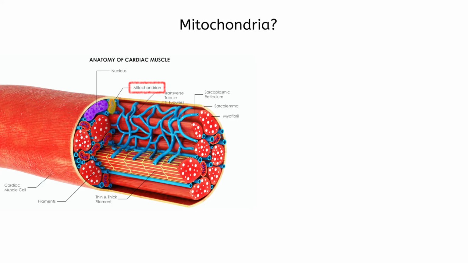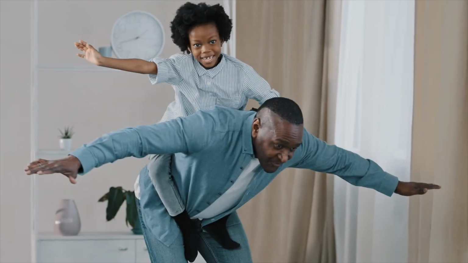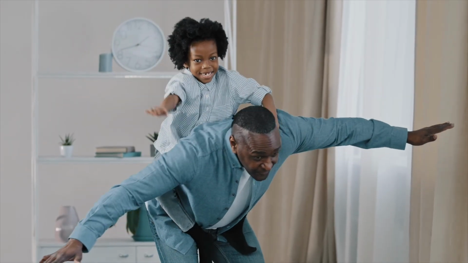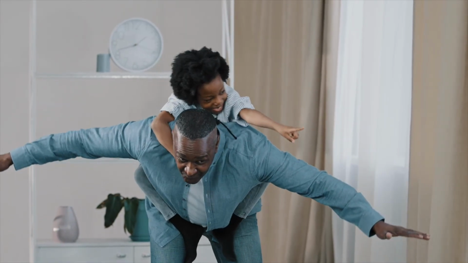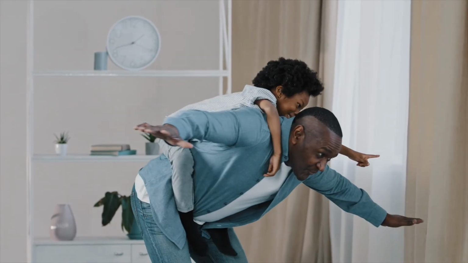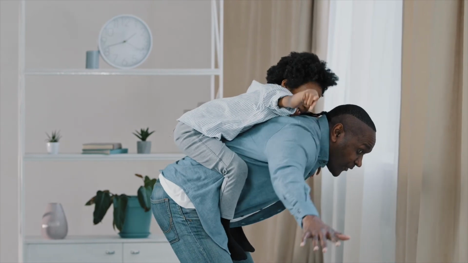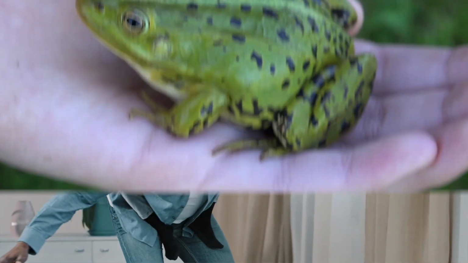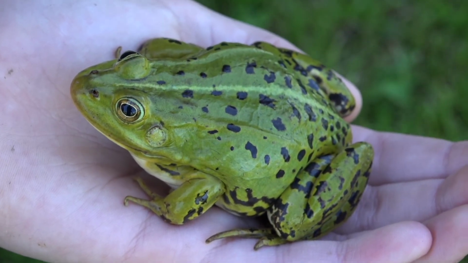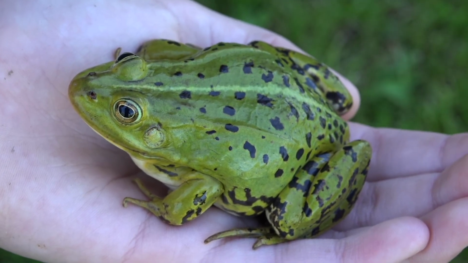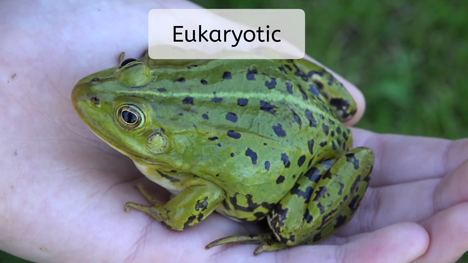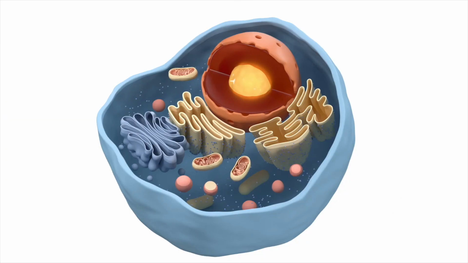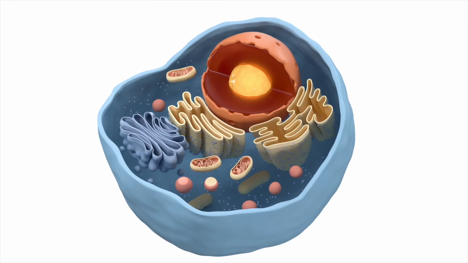That's just one way that cells can be different. Every cell in your body is perfectly adapted, with just the right organelles to do the job it needs to do to keep you alive. But what all of the cells that make up an animal have in common is that they are all eukaryotic, meaning they all have a nucleus that holds their DNA and other membrane-enclosed organelles that do specific jobs within the cell.